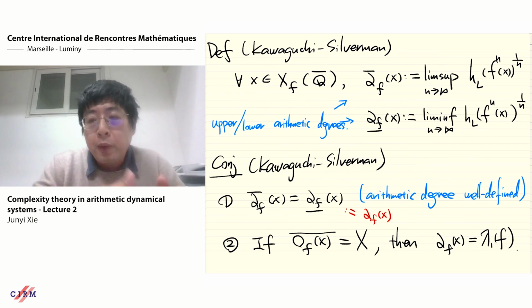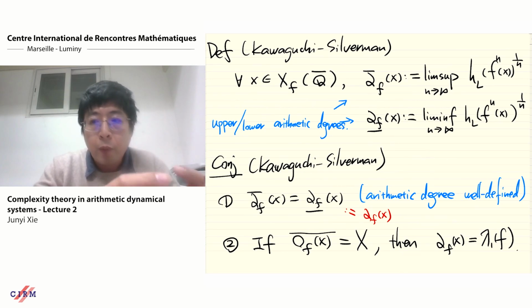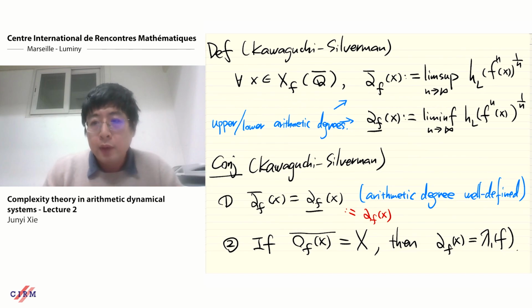The Northcott property says that basically, in one number field, if you bound the height, then you have only finitely many points. You can understand it like this: if you have infinite time, then you can write down all points.